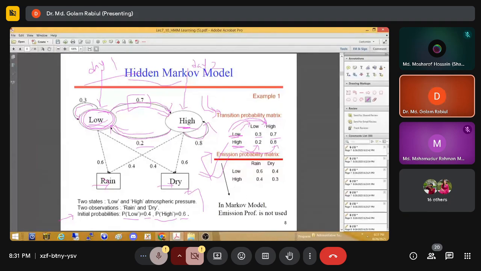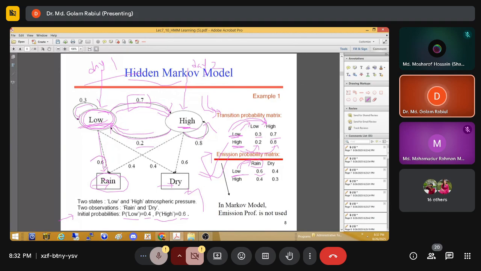Emission probability. So emission probability is this: low and rain. What's the probability of rain on low atmospheric pressure? The probability of rain in low atmospheric pressure is 0.6.